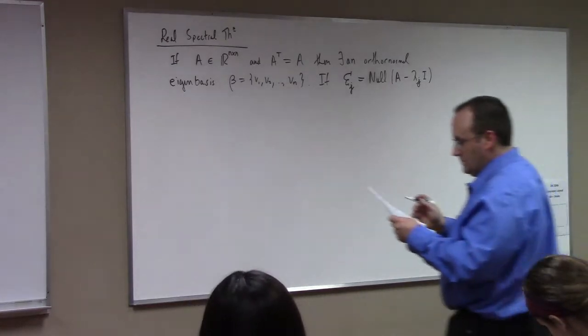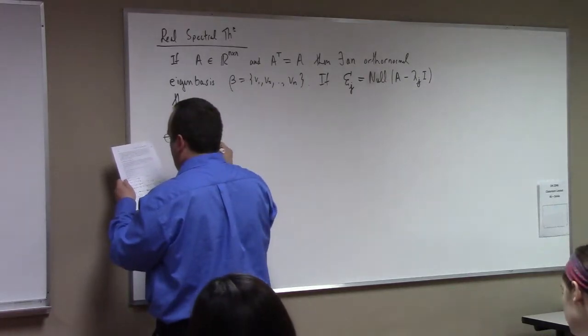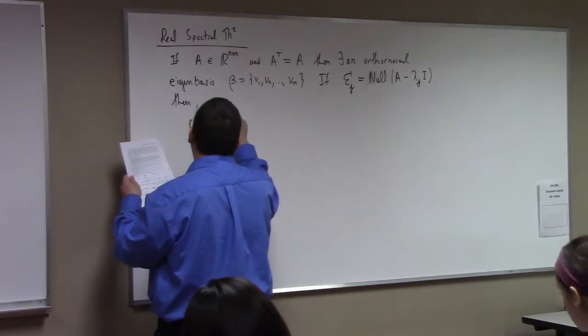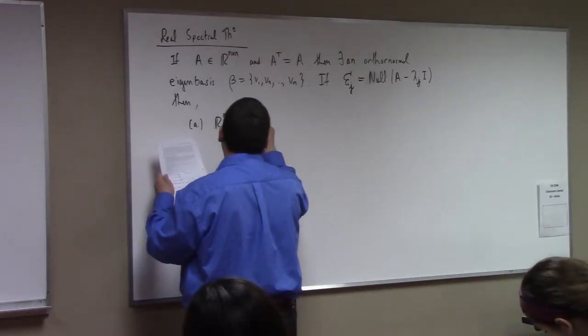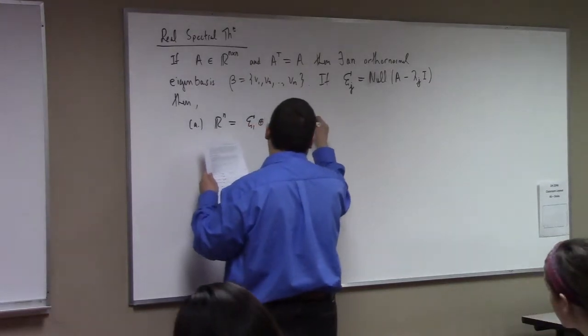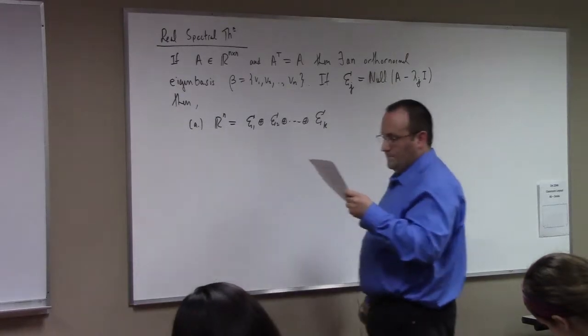Then you have the following. A: R^n is the direct sum of the eigenspaces, however many you got, let's say k, all right?